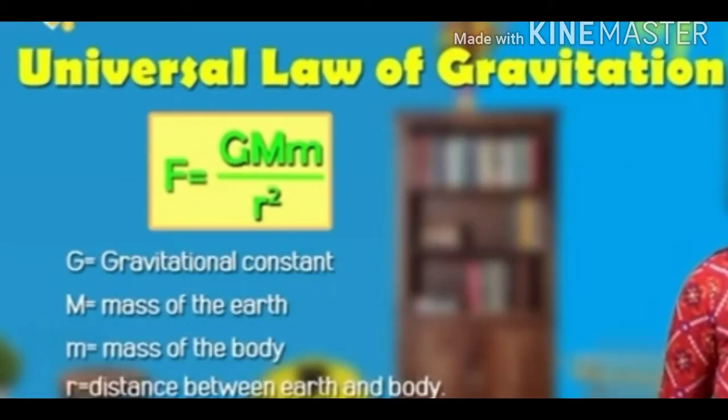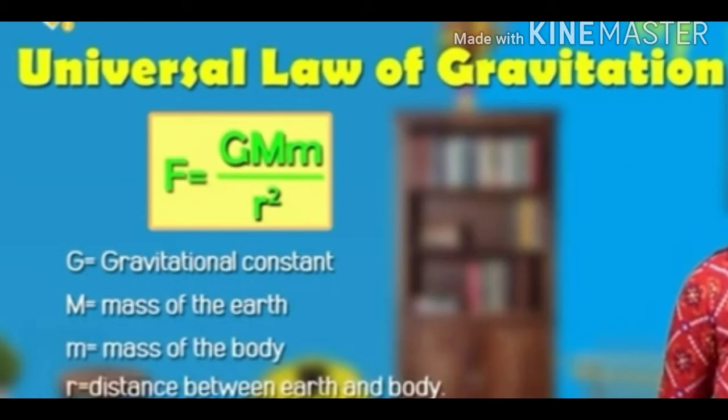And here we know this G is the gravitational constant, M is the mass of Earth, small m is the mass of the object, and R is the distance between Earth and the object.